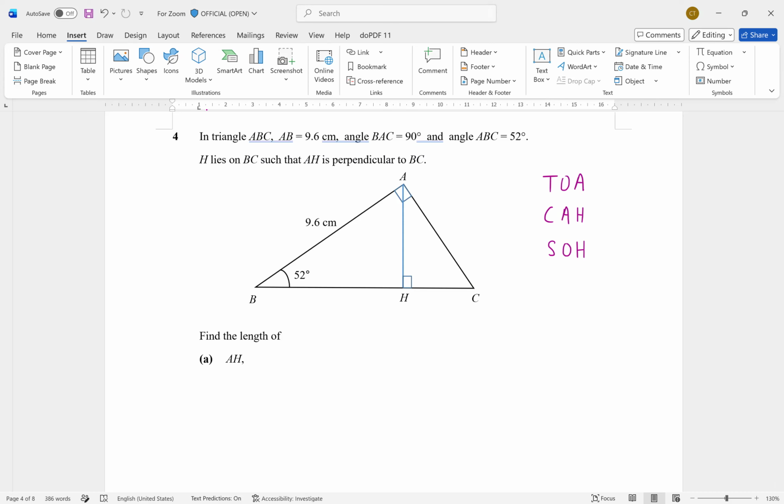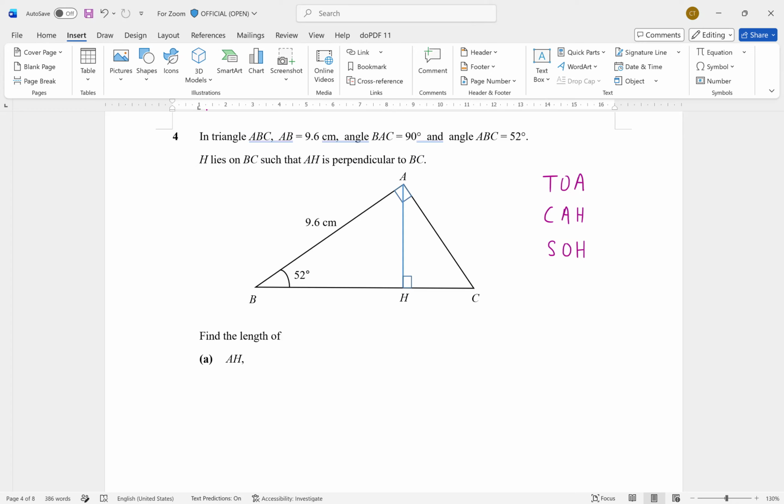Okay, so for part A, we will focus on triangle ABH. Why do we do so? Because we know length 9.6, we know the angle 52, and this is a right angle triangle. So we will be able to apply trigo ratio to find AH. The angle that we are interested in is over here, the 52 degrees.